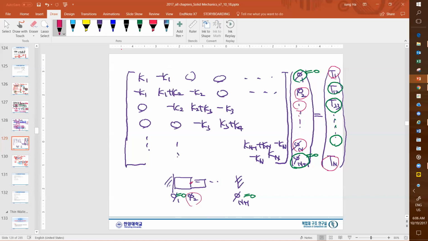The number of equations here: 1, 2, 3, and 4, 5, and here we have n+1, right? So the number of equations will be n+1.